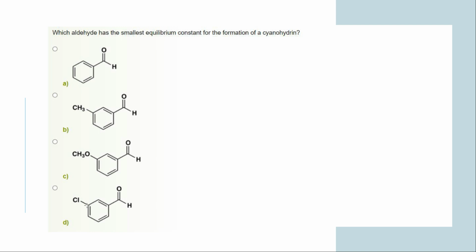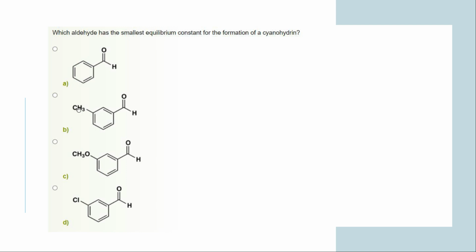So in the meta position, these two will pull the electron density towards themselves from the carbonyl group. So in these two compounds, you will expect more reactivity towards nucleophilic addition, because these two carbonyl groups are more electron deficient, since these two substituents are pulling electrons.